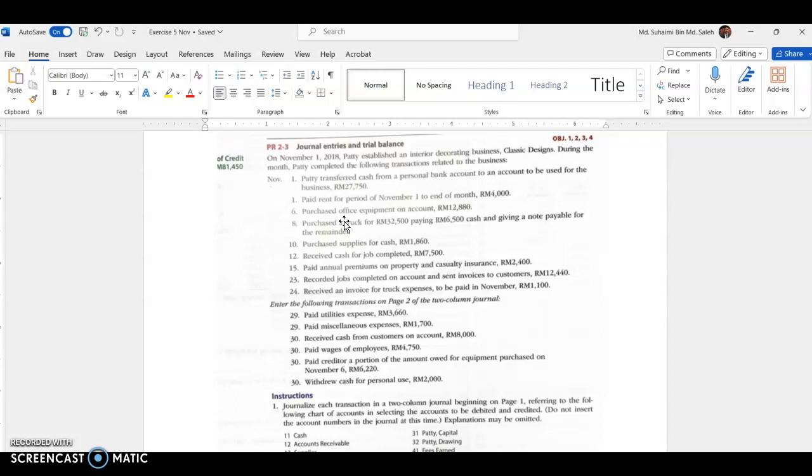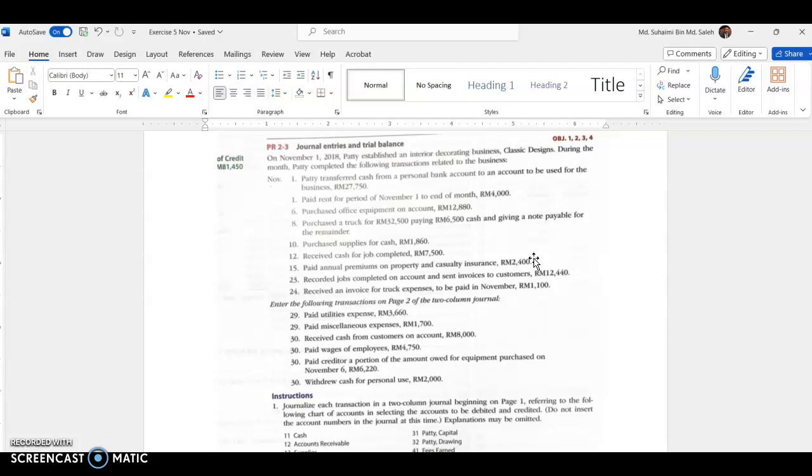Okay, next, purchase truck, 32,500. So we have to establish the truck account. Truck account is an asset account.